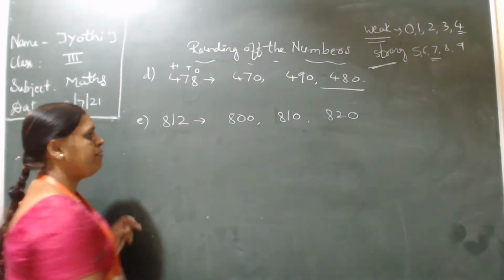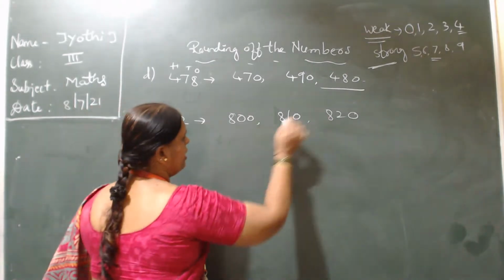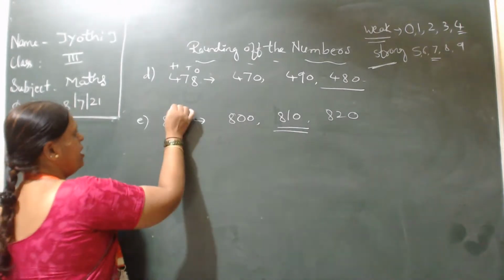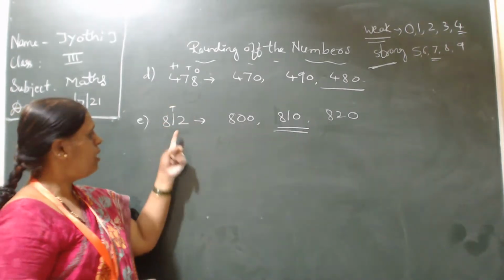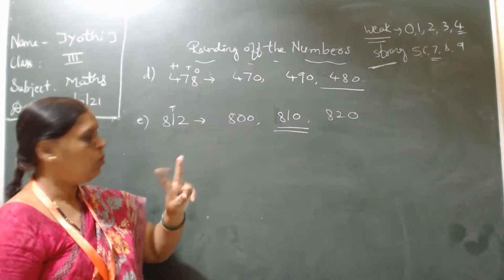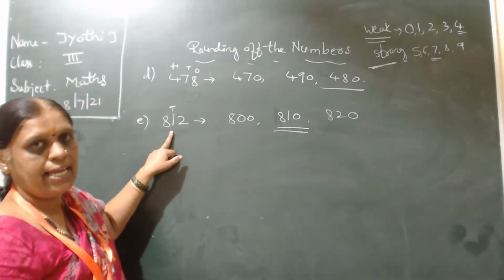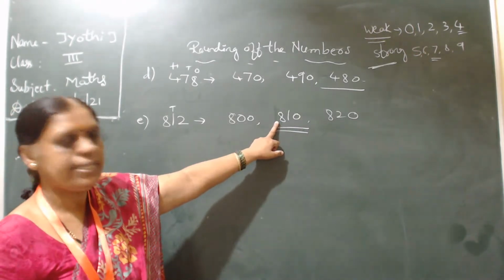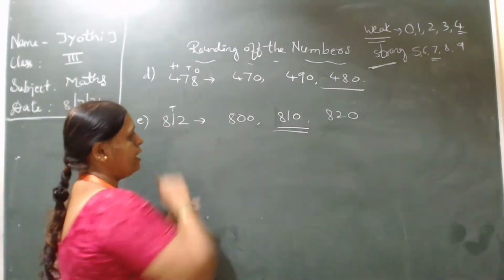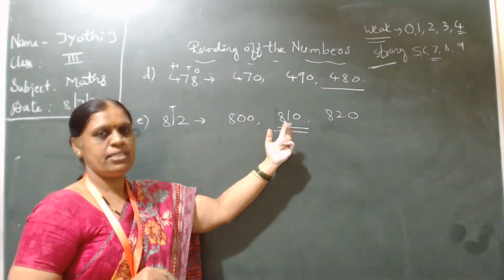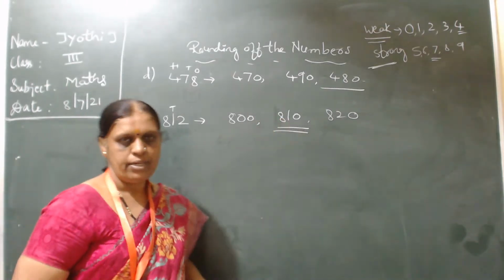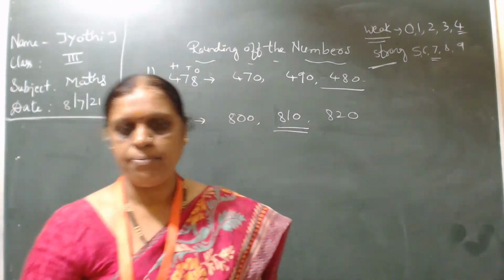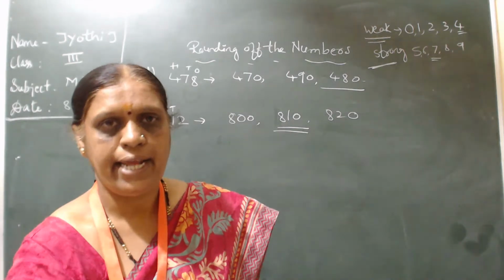So instead of taking 800 and 820, we go for 810, because here you have tens, and in the ones place you have 2, so it is less than 5. So it will remain the same tens. So 812 remains 810. Understand? So this is how to round off numbers to the nearest tens.